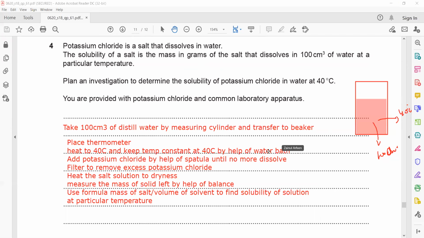You can repeat the experiment, but when you want to evaporate 100 cm cube of a salt solution, it will take a lot of time. Yeah, that's right, Mohsen. Already, in this one we took 100 cm cube of the water, so in place of volume of the solvent, I should write directly 100.